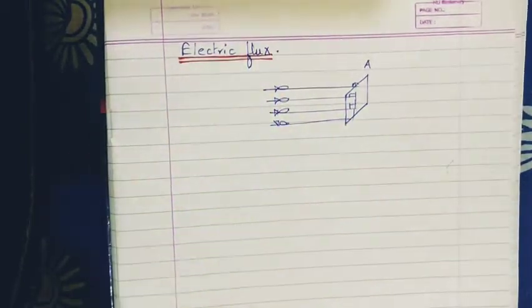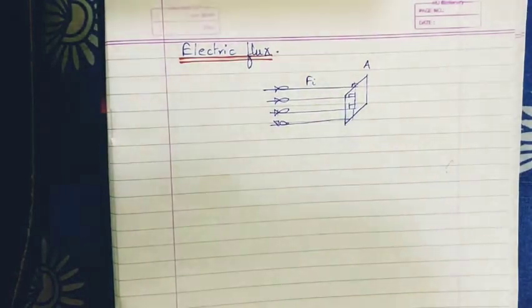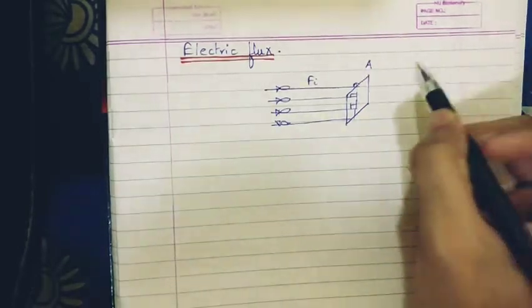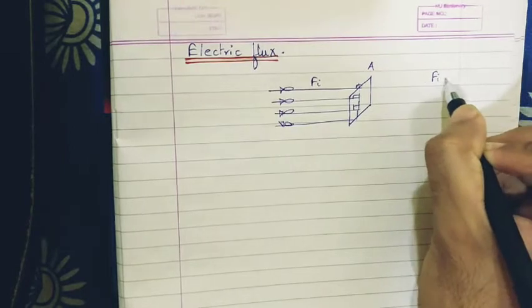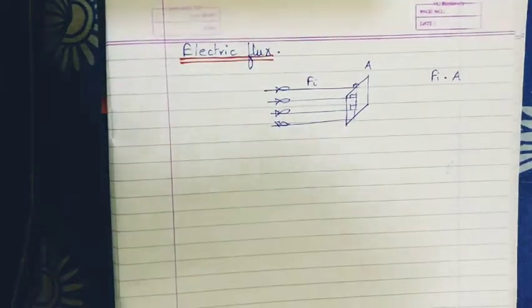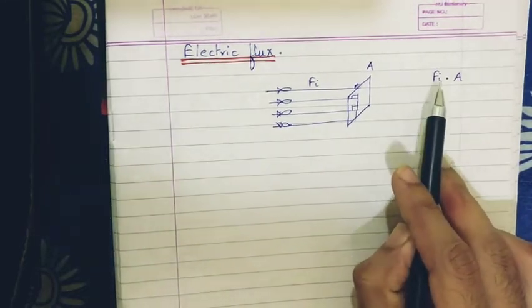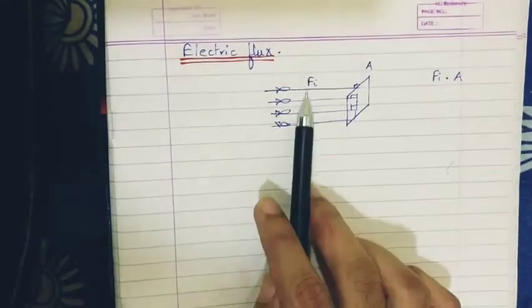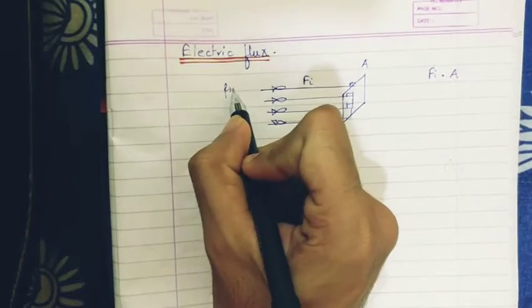Let's say that is the fish intensity, and let us denote it by Fi. So the number of fishes which are traveling across this area will be simply given by the dot product of these two quantities, that is Fi dot A, the fish intensity and the area's dot product, which gives you the number of fishes traveling across this area, that is nothing but the number of fish lines.